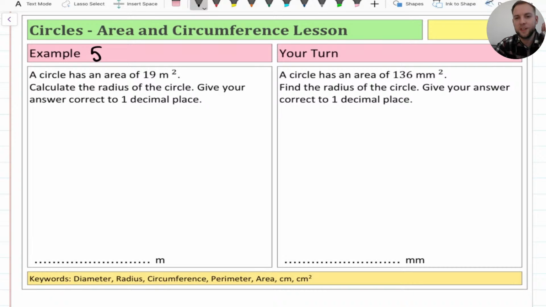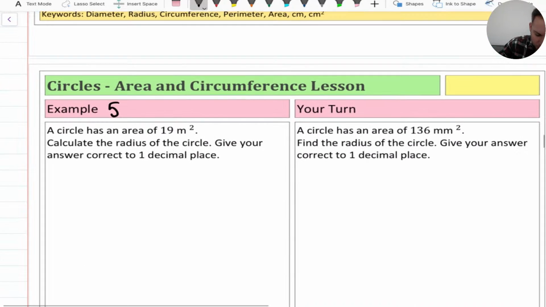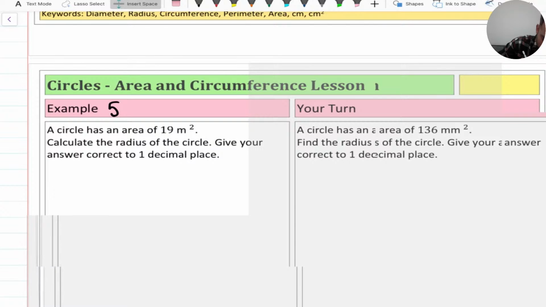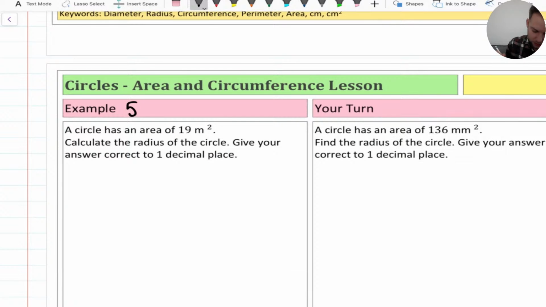Alright, so the difference with this one is we're not trying to find the area this time. We've got to work backwards to find out the radius. So this is where we think about those 4 steps that we spoke about, isn't it? So it might be worth writing them down again, actually.